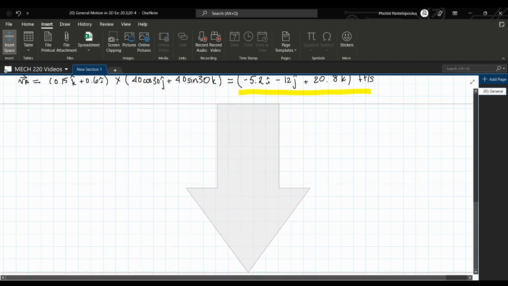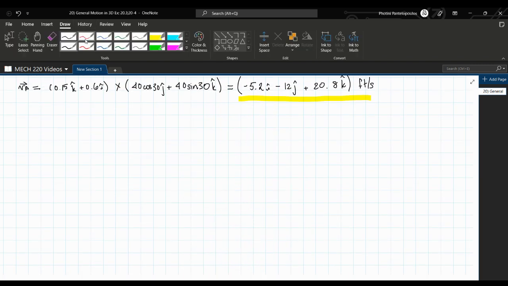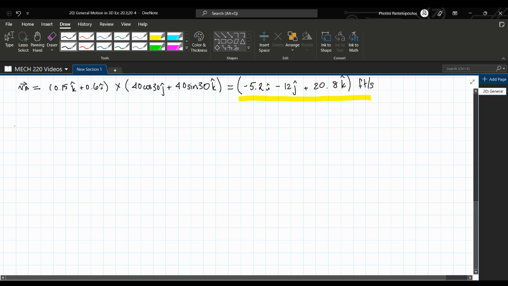Now time for acceleration. Like we did for velocity, I'm just going to rewrite our equation for acceleration.